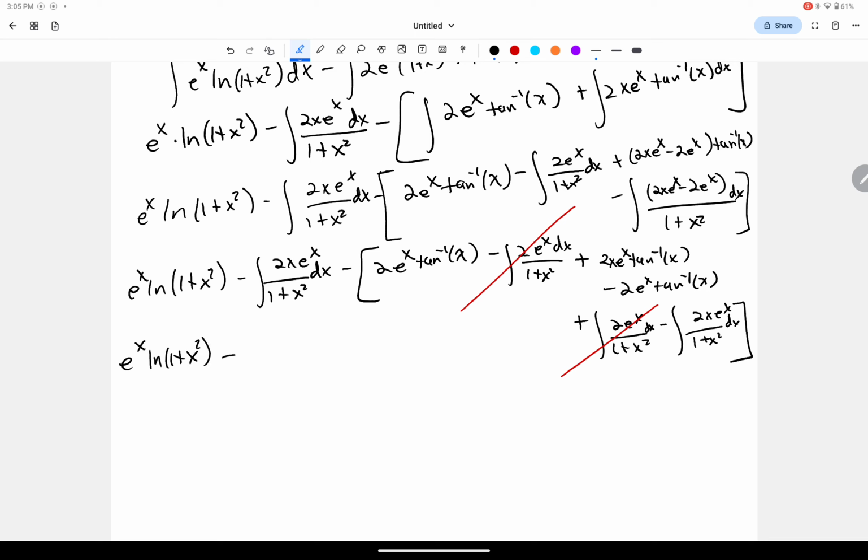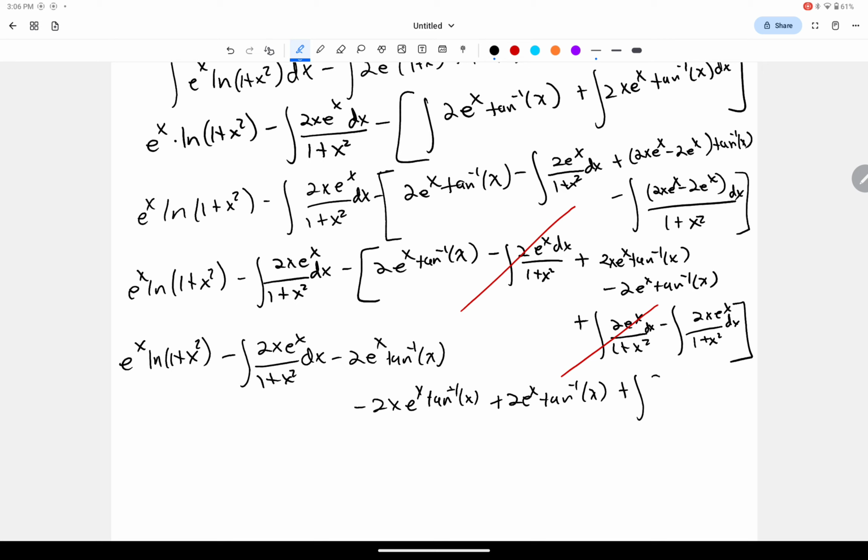minus the integral of 2x e to the x over 1 plus x squared dx minus 2 e to the x tan inverse x minus 2x e to the x tan inverse x, and then plus 2 e to the x tan inverse x plus the integral of 2x e to the x over 1 plus x squared dx.